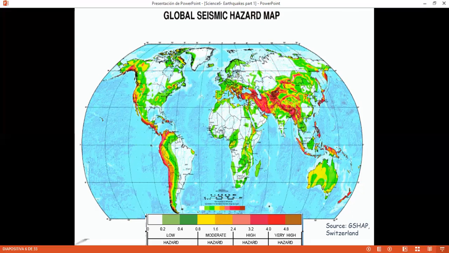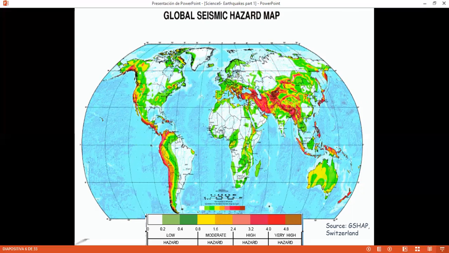Then we have a light green, and that keeps growing to different shades of green that bring low hazard. There are low probabilities of it happening. But then you start getting moderate hazard, which are the green and yellow parts. And of course, then come the pinkish, reddish, and brown, which indicate high hazard, very high hazard, or extremely high, which is the brown parts.